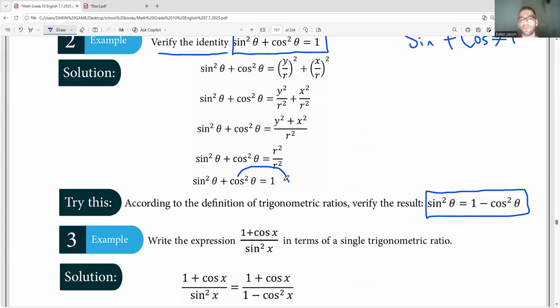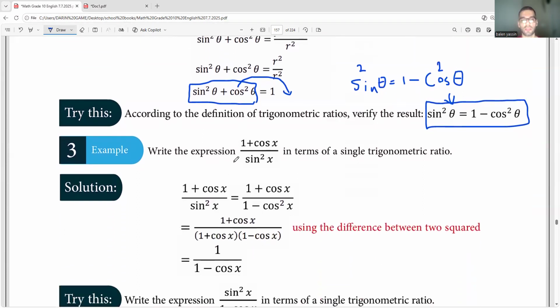You say, well, I move cosine squared to the other side. So now sine squared is equal to 1 minus cosine of theta squared. So this question is not different. It's the same thing with one extra step. When you reach this part, you just move the cosine to the other side and it becomes negative, okay?